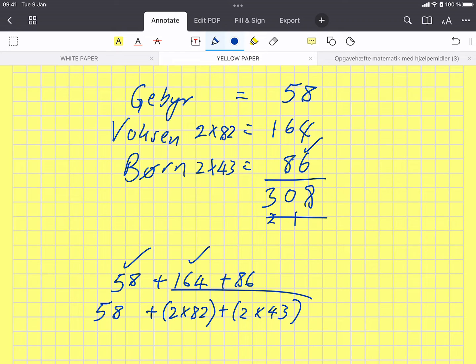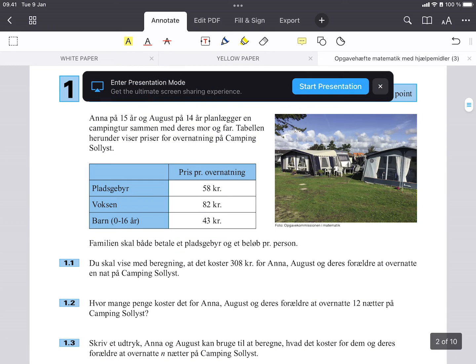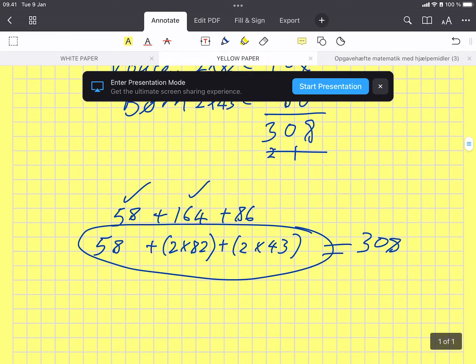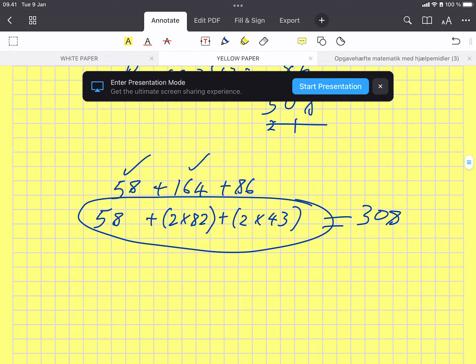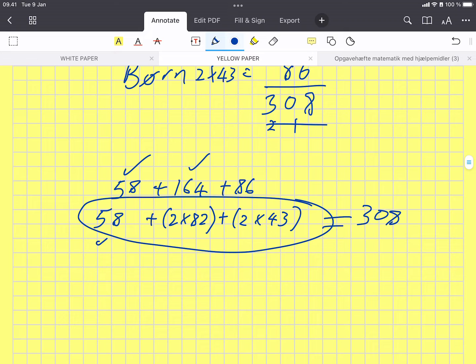So I've worked the whole thing back into a single expression that gives me the answer of 308, and all the bits of that expression are clearly visible in the original information given in the question. The 58 was in the question. The 2 times 82 were in the question, 2 adults and the adult price. The 2 times 43 were in the question, 2 children and the children's price, and the answer.